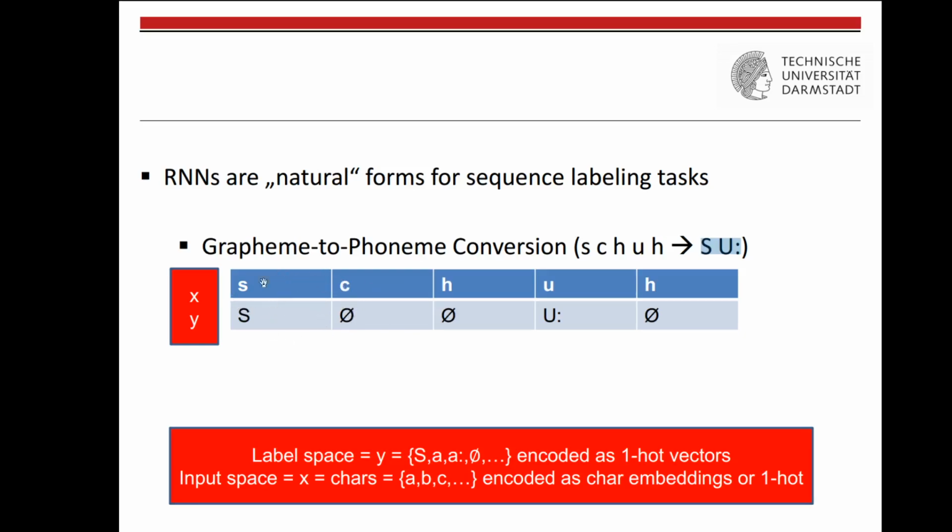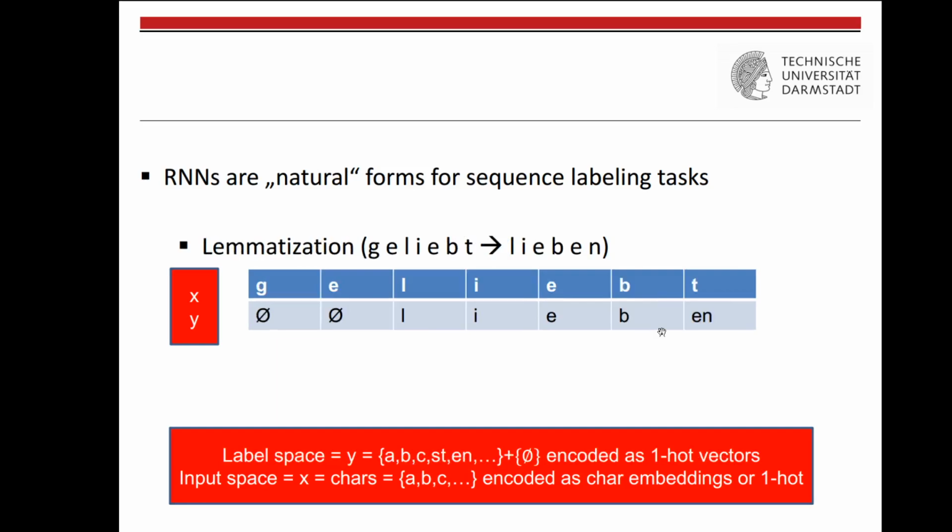For example, between C and H, there's in this case no corresponding output, or the H here has no corresponding phonetic symbol, it's actually dropped from the output, right? So you would indicate this here with such a dropping symbol. And of course, you could do other things on the character level, such as lemmatization, where you transcribe an inflected form into its lemma form.